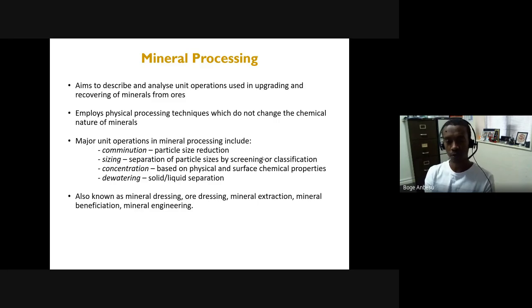For this particular course, for the first part, the one we did this semester, we were only focusing on the comminution part and the sizing part. Once you do comminution and sizing, then hopefully in the second semester you can take this material and use a gravity method or flotation or any other method to upgrade the ore even further.